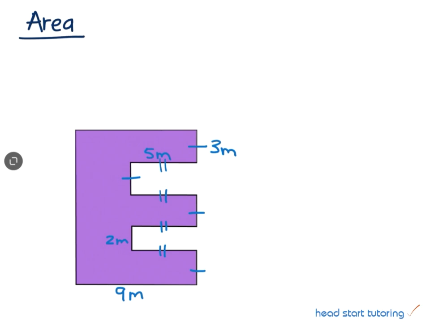If we were asked to find what the area of this E shape is, what we need to do is divide our irregular shape that looks like an E into 3 or 4 different shapes. We would like to make rectangles or squares where possible, because we know the formula for the area of a rectangle and square.